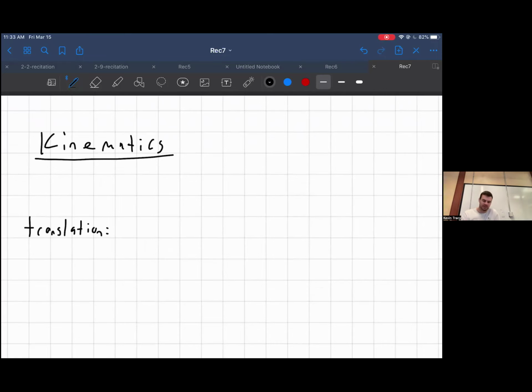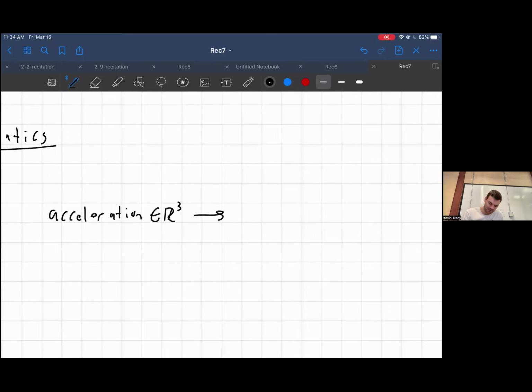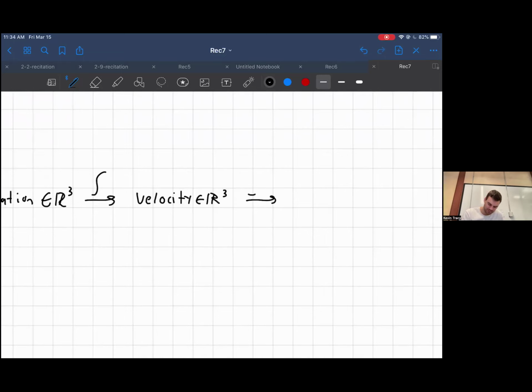So when I'm talking about a translation, I can take my acceleration as an R3 vector, and I can go ahead and integrate this to get velocity, also an R3 vector, and then I can integrate this to a position.